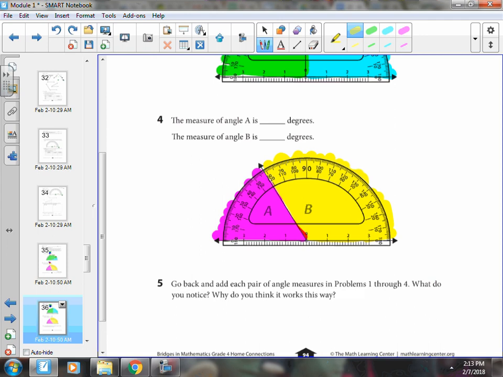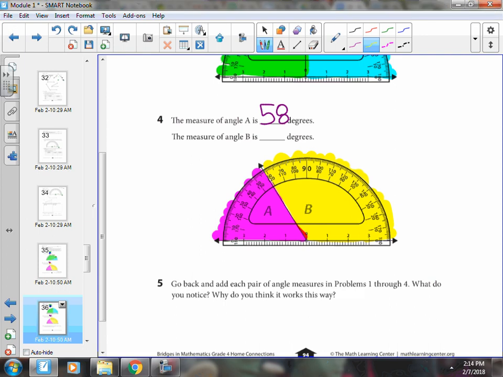Okay, angle A looks like it's just about to 60. I would say maybe about 58. If you wrote 59, or if you even wrote 60, there's always a couple degrees of wiggle room. So somewhere around 58. Now, the yellow angle, angle B, if I'm counting from 0, I can see 110, I can see 120.